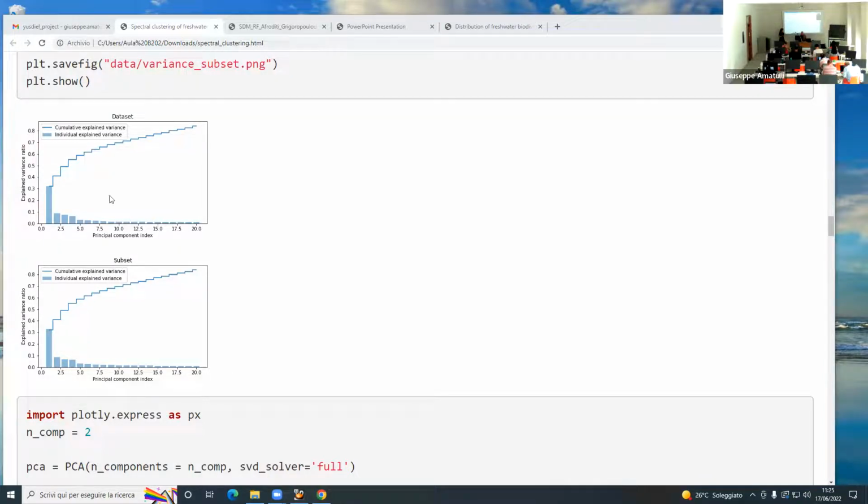In other words, these two plots need to be extremely similar. This one was with what, 10% to 20% for the subset? 5%. So if it's not the same, you can increase the subset percentage. If you go to 1%, then you're going to see that the explained variance is going to be very different between them. Perfect. So of course, the more samples you can use the better, because then the similarity is going to be high.